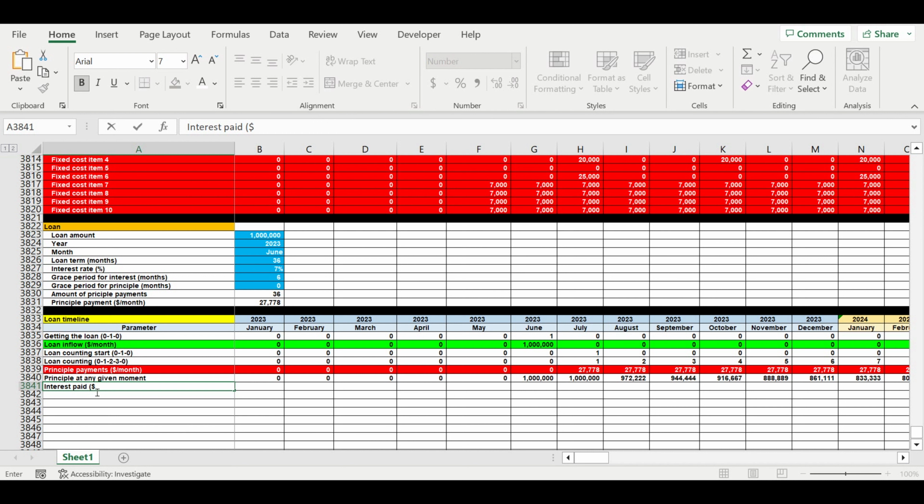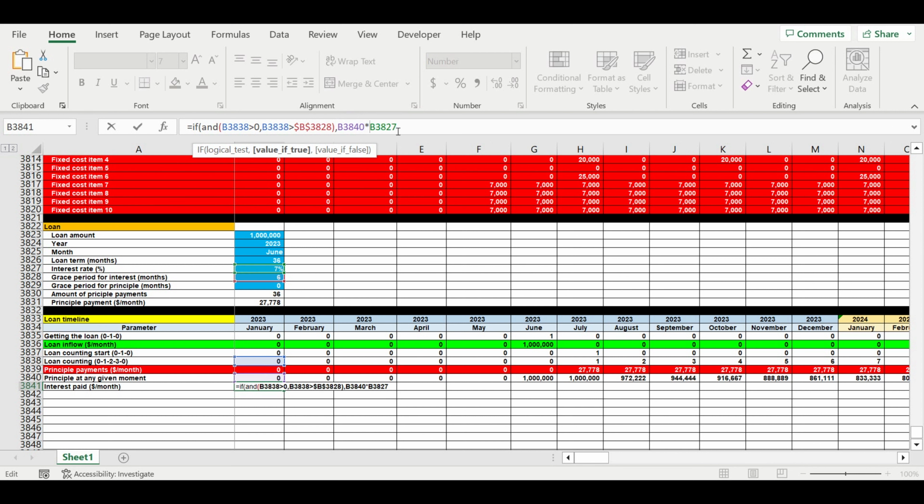This will be an IF formula: if this value is more than 0 and this value is more than the grace period for the interest, then we take the principal, multiply it by the interest rate, and divide it by 12, because it is monthly and the interest rate is an annual value.